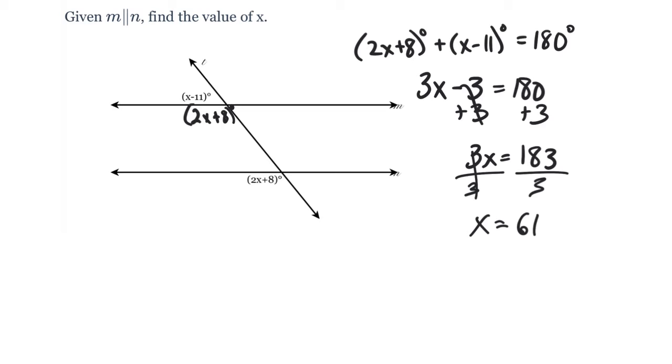That's all you do. The only thing you need to figure out is whether you are going to set them up to be supplementary or set them up to be congruent to one another. And we'll do one where they're going to be congruent as well. That's the only options. With these parallel lines and a transversal running through, if you've got two angles, they're either going to be congruent to each other or supplementary. That's it.